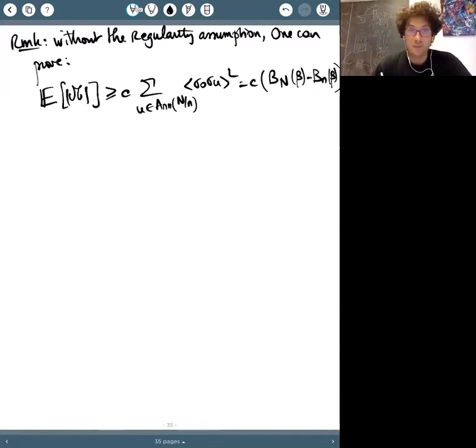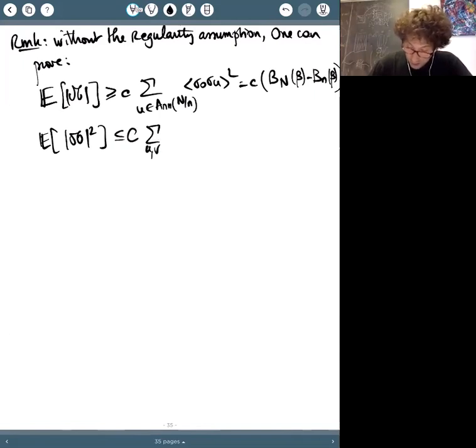The bubble diagram. The expectation of m squared, you can still bound by a constant times the sum over u and v of sigma 0 sigma u squared, sigma u sigma v squared. And this you can check, it's bounded by this thing.